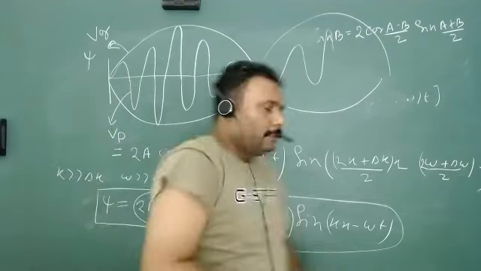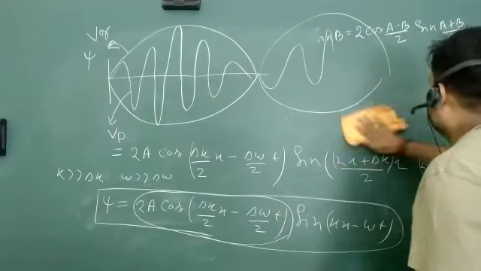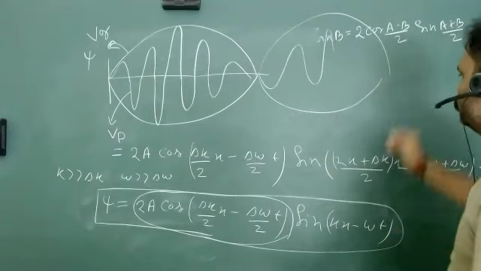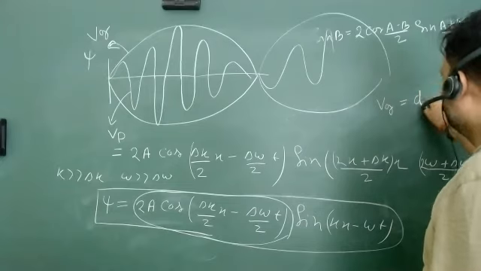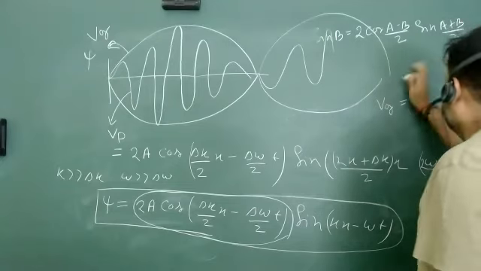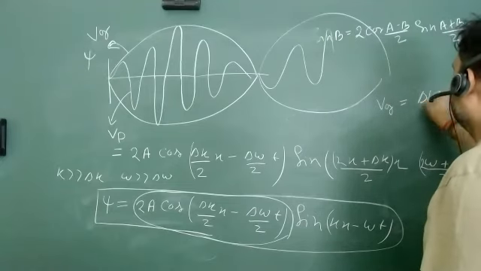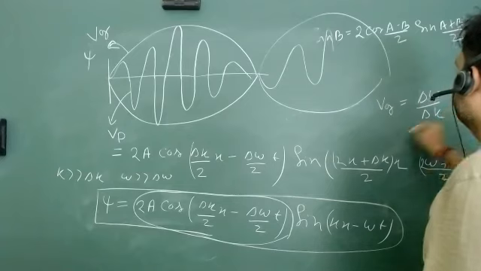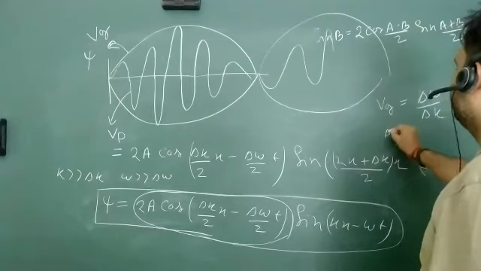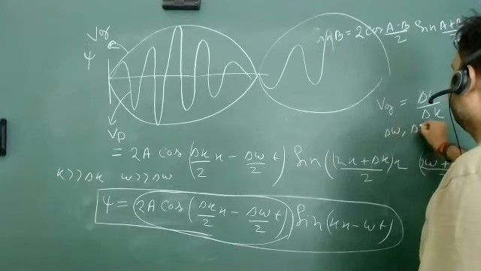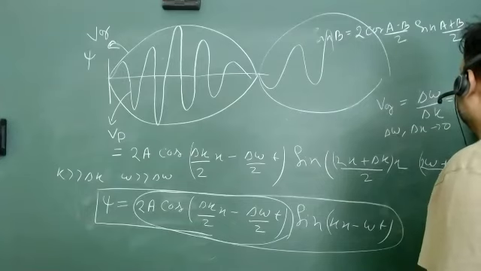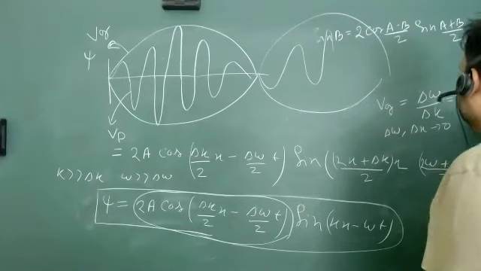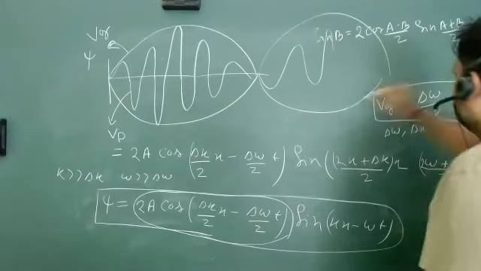The group velocity is identified as Vg equal to delta omega upon delta k, where delta omega and delta k tend to 0, then you can write this as d omega upon dk. So this is the definition of group velocity.